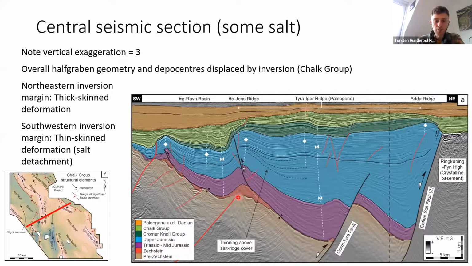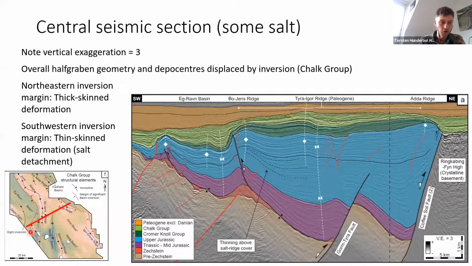They all more or less have a north-south structural trend, which you can also see out here. I've marked, this is again the thickness map for the chalk group with the inversion structures indicated. You have a trend of anticlines here.